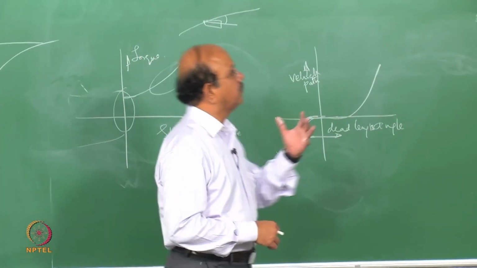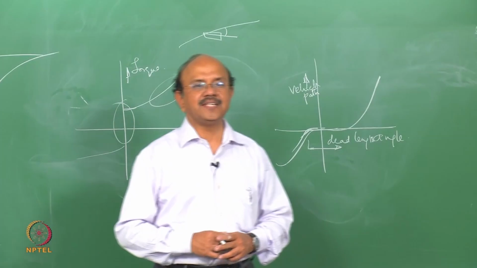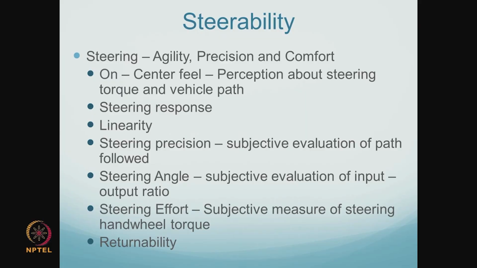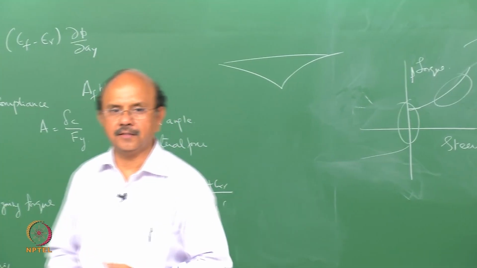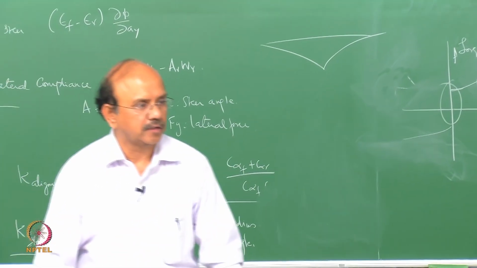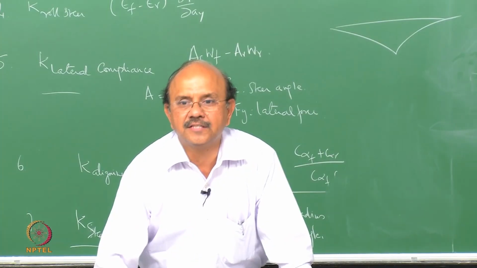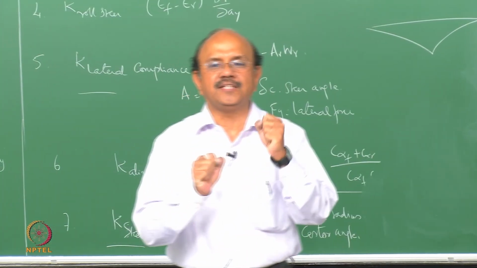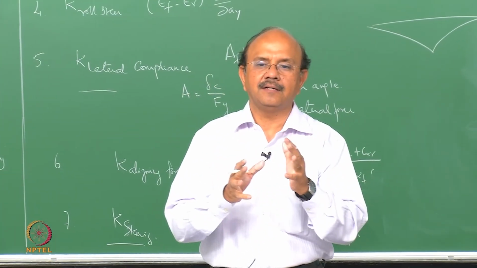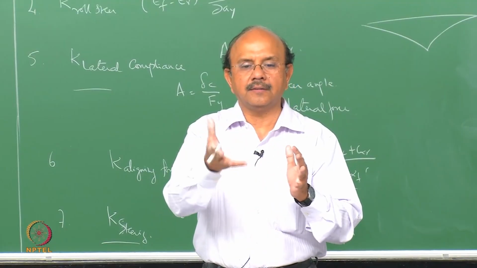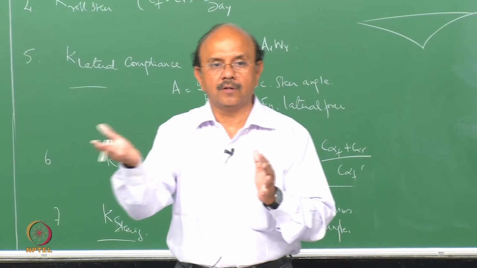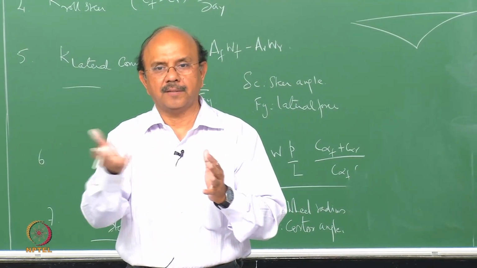Then you have what is called the steering response and linearity. Okay, how linear is the steering with respect to the path that it is going to follow? Is it linear or non-linear? In the sense that if I progressively increase the steering, there's a corresponding radius which is followed, correspondingly for the same velocity.